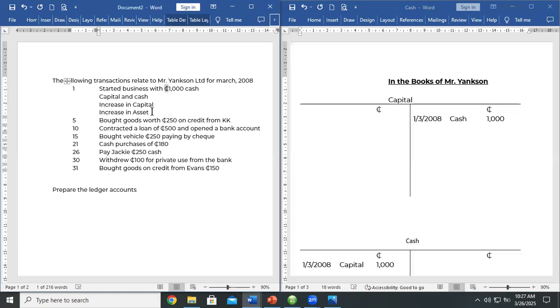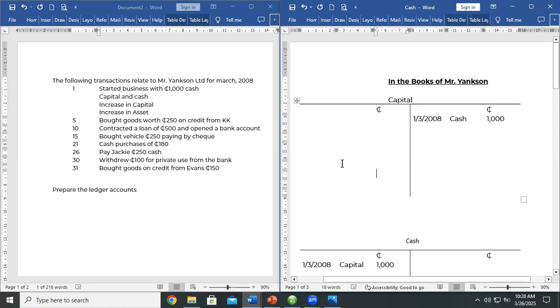Prof. Augustine Akoli. Yes, sir. I want you to look at this one for me. Which one? Mother was calling me, so I was not actually here. Okay, so the second transaction, bought goods worth 250 cedis on credit from KK. Oh, okay, so that means it will be increase in asset goods and increase in liability.